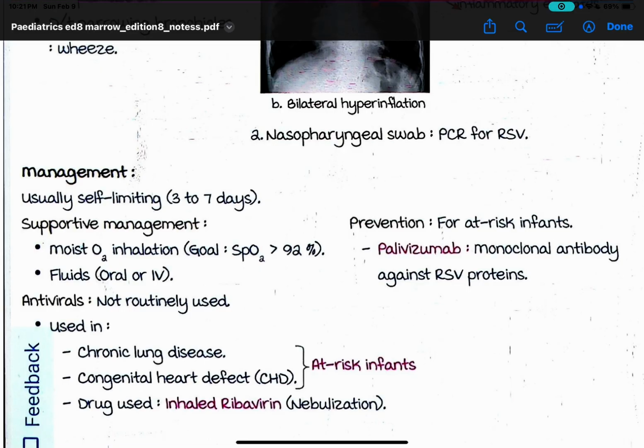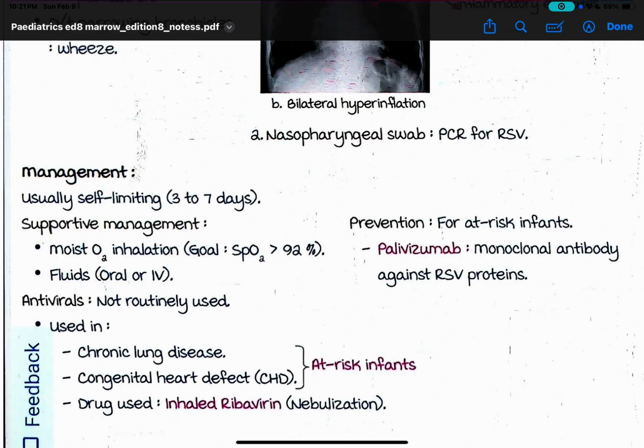That is the vaccine given to babies, and for adults they give RSV vaccine. But here they are saying that for prevention you give monoclonal antibodies. It's not a vaccine, it's palivizumab. Nirsevimab is the vaccine. Nirsevimab.